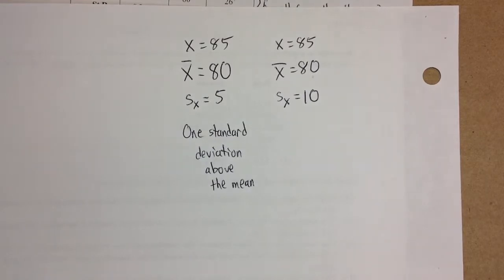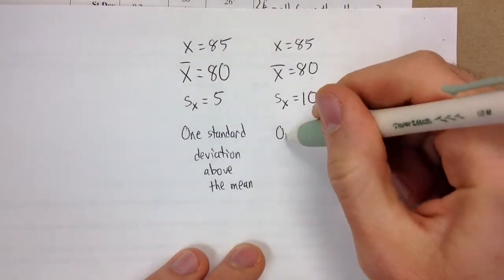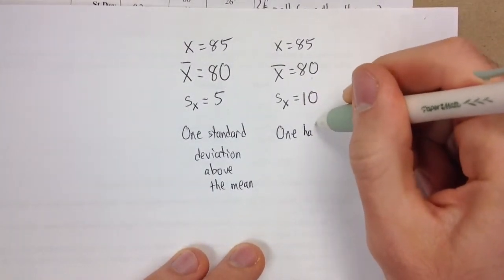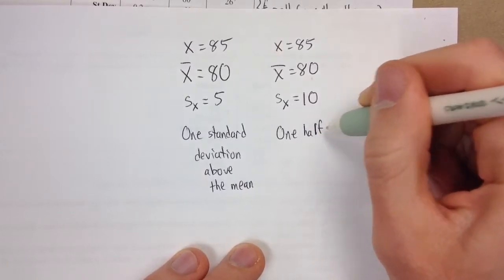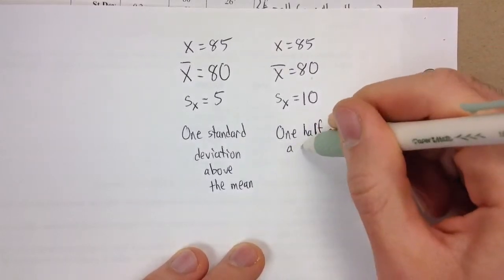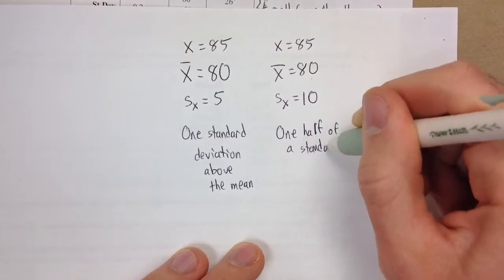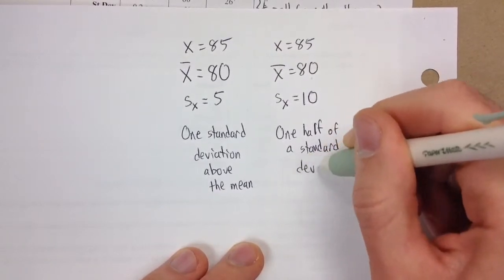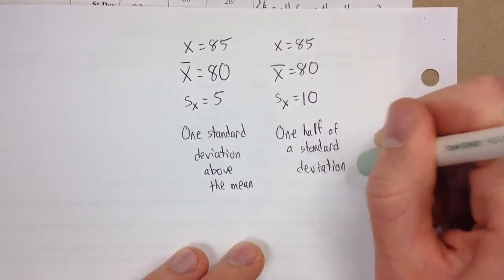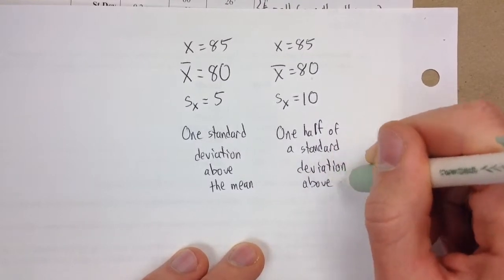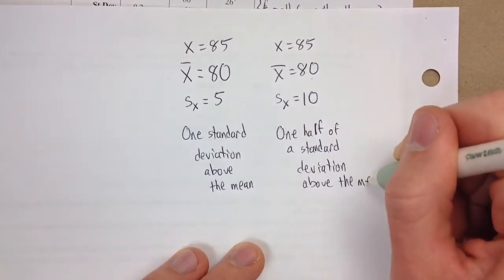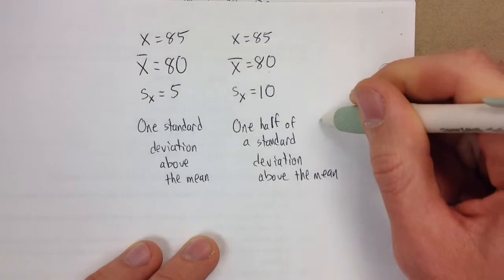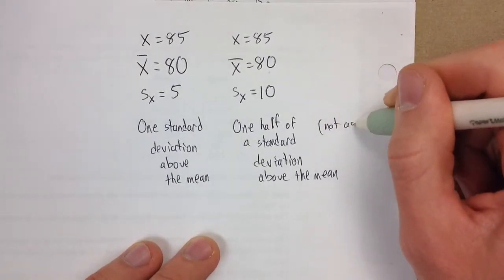Because there's more variability in the data. Okay? So this one is not as remarkable.